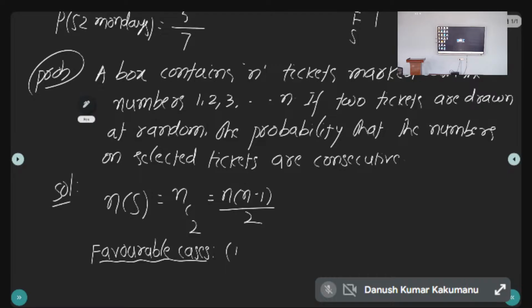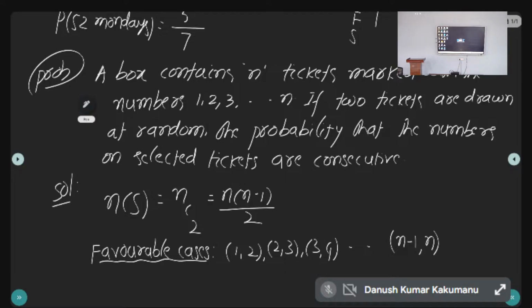They may be 1, 2, or 2, 3, consecutive possibilities, or 3, 4. Tell me, how many such cases are possible? The last one, n minus 1, n.